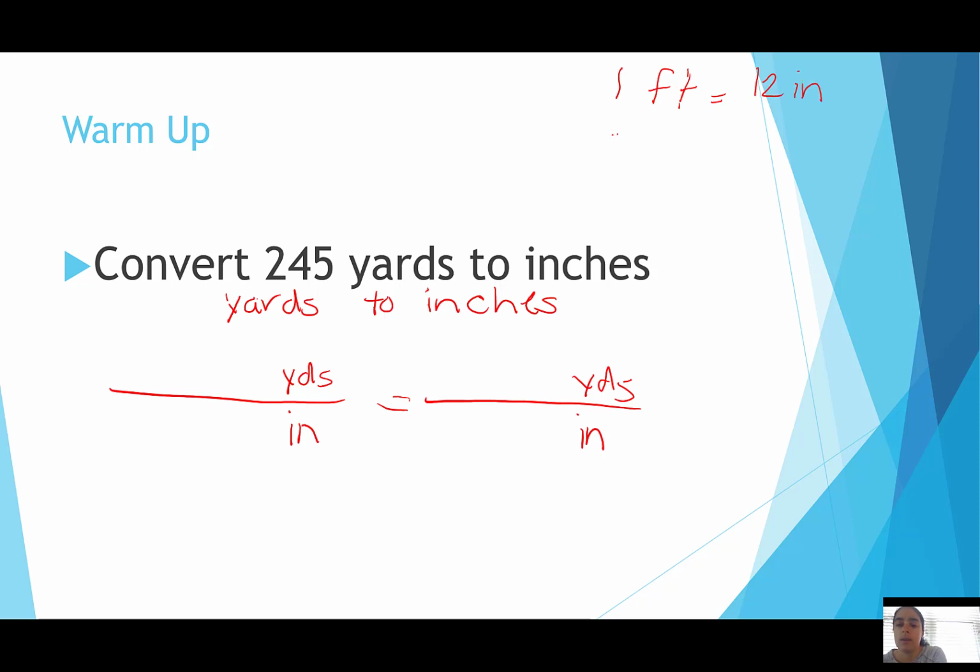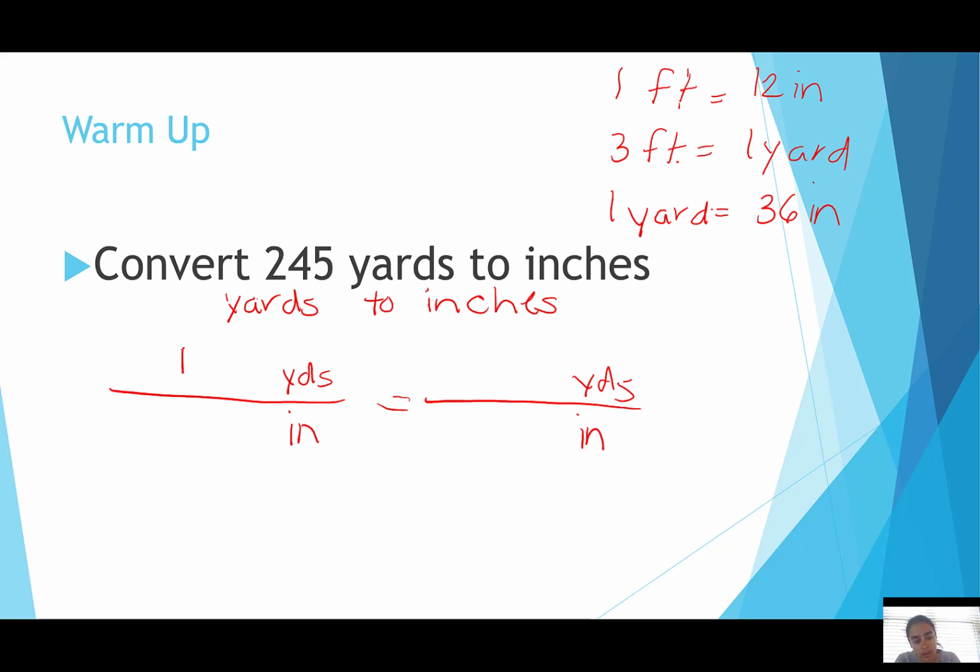We know 3 feet is equal to 1 yard. So think about it. If 3 feet equals 1 yard and 1 foot is 12 inches, I'm doing 12 inches 3 times. So that means that 1 yard is 36 inches.